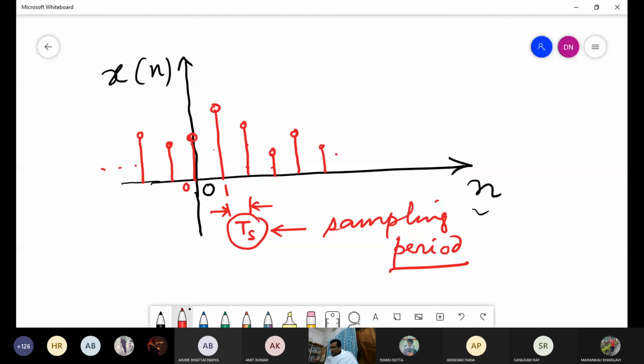So this is one signal represented by x[n], where the independent variable n is an integer, but the dependent variable x is not always an integer. It is a real number. This signal is called a discrete time signal because the signal value is defined for discrete points. It is not continuous, and that's why it is a discrete time signal.